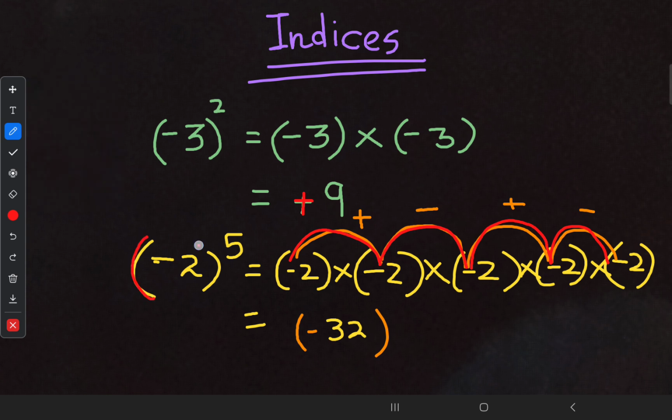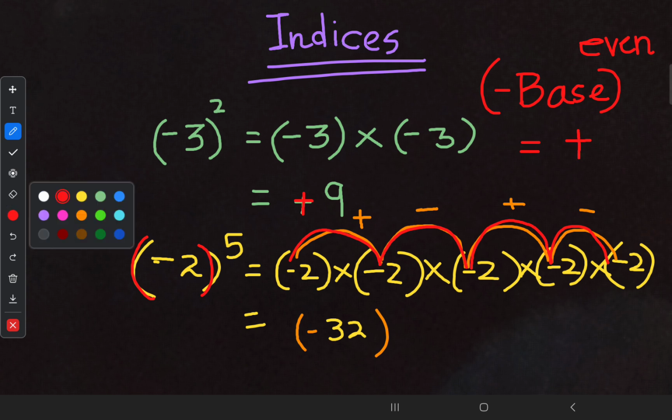If the base is negative with an even power, the power should be an even number. In those cases, the direction of your answer should be positive.